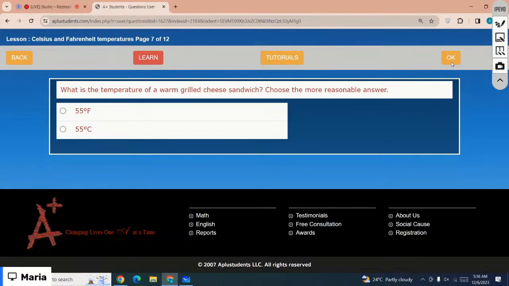Warm grilled, it is, right? That means it is 55 degrees Celsius.